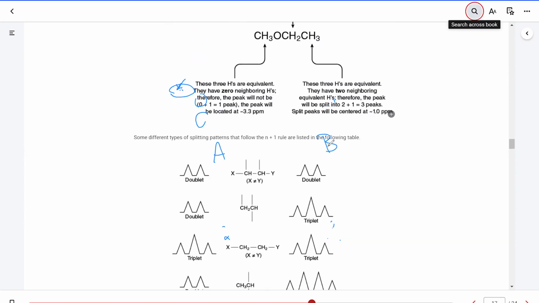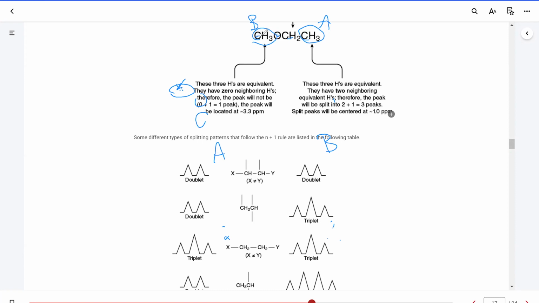So what would be the difference between this CH3 on the right, which I'm going to label A, and a CH3 for B? CH3 A is attached to another carbon, but CH3 B is attached to oxygen.